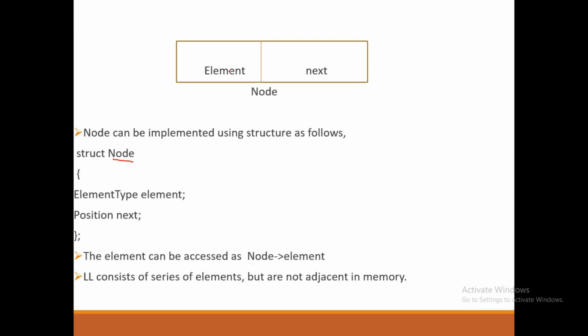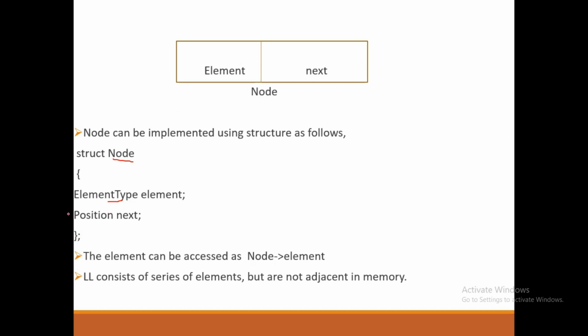The element may be of any type: integer, character, float, string, double, long, whatever it may be. Instead of specifying the exact data type, we are specifying the data type as ElementType for element. The second part contains the address, so we are giving the data type as Position, named next. Then as the node is having only two elements, we close our structure definition.